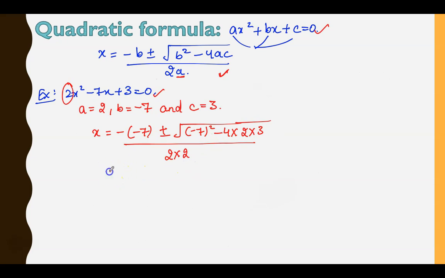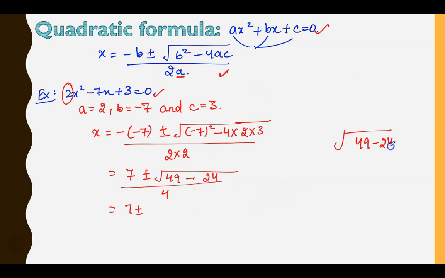Now इसे simplify कर देते हैं, plus minus minus है, so it will be plus minus square root of now minus 7 square, that is going to be equals to your 49 minus, now if you observe 4 into 2 that is your 8 and 8 into 3 that is your 24. Okay, so that would be 24 upon 4. बस इसको simplify कर दो, आंसर आएगा that is 7 plus minus 49 minus, I'm just solving it over here.